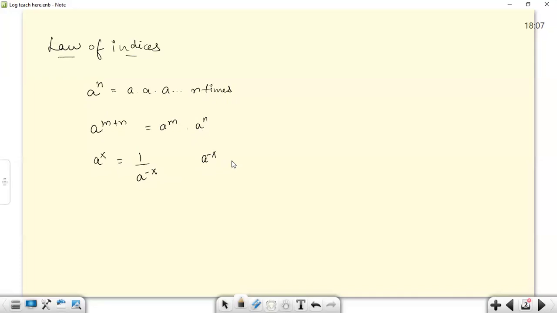If there is a raised to power minus x, the sign will change when it goes to the denominator or the numerator from its original place. Similarly, a raised to power m minus n can be rewritten as a raised to power m upon a raised to power n. Clear? So these kinds of laws of indices we were discussing.